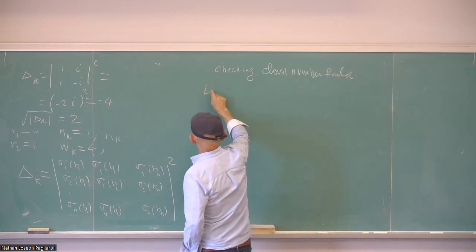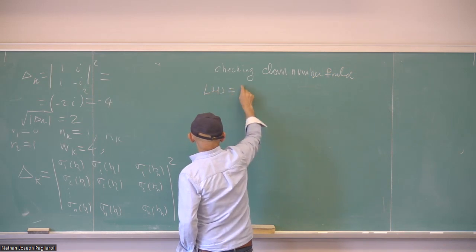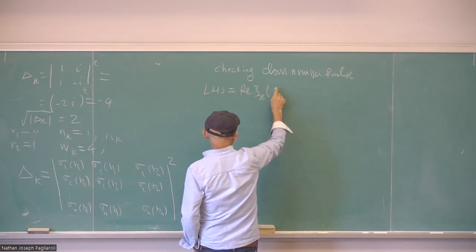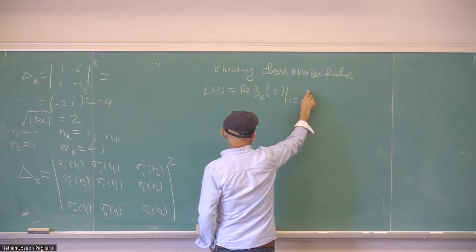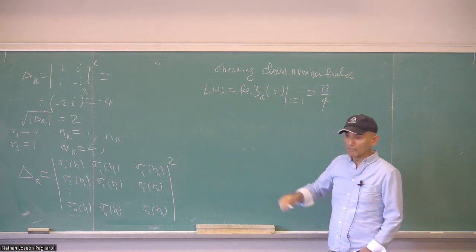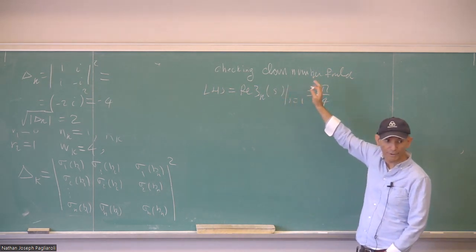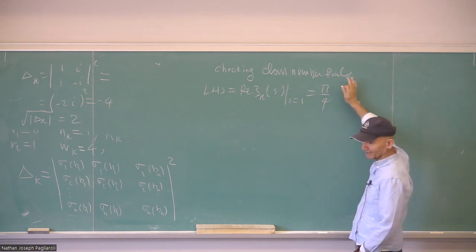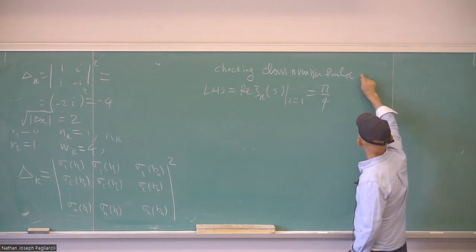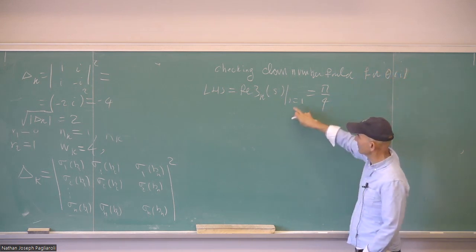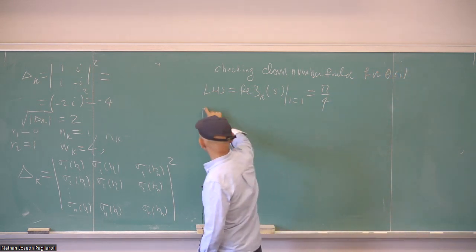The left-hand side, which is the residue of zeta K at s equal to 1, we computed to be pi over 4. For Qi, of course, we are doing Qi now. Very modest. So this we calculated. Now, what about the right-hand side?